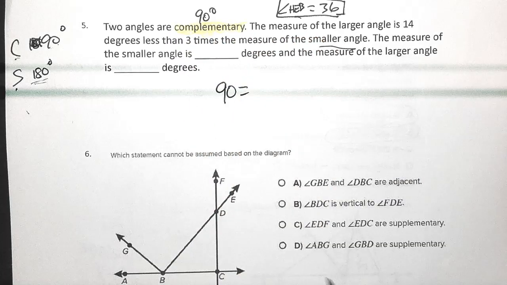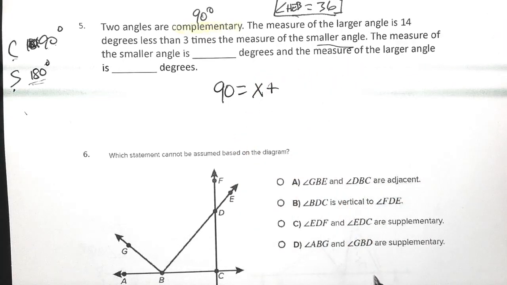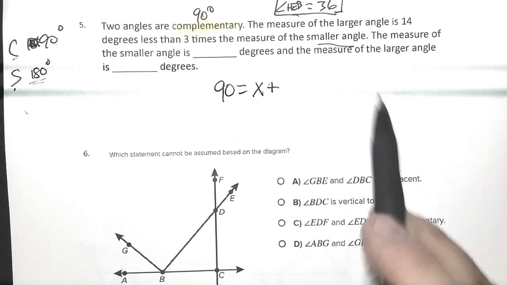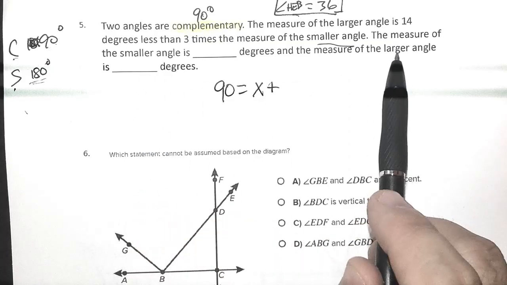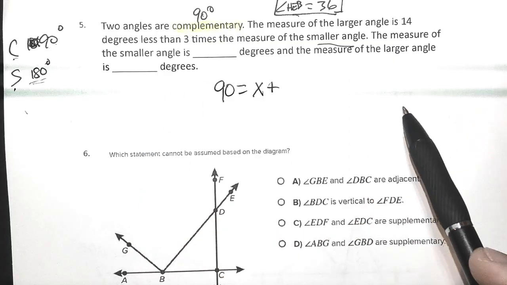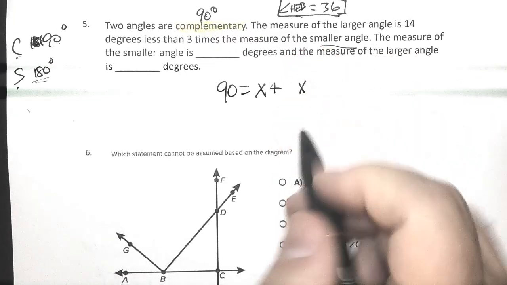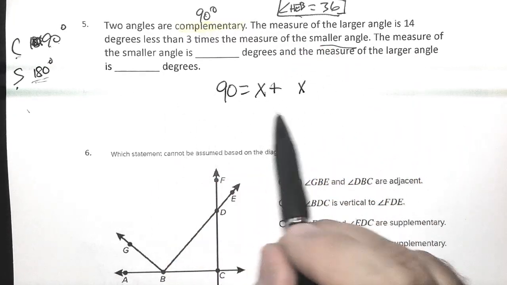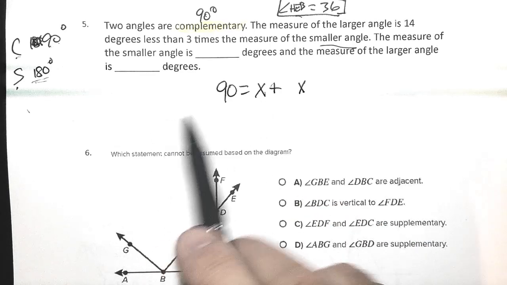So 90 equals x plus, and the rest is using the smaller angle to describe the larger angle.